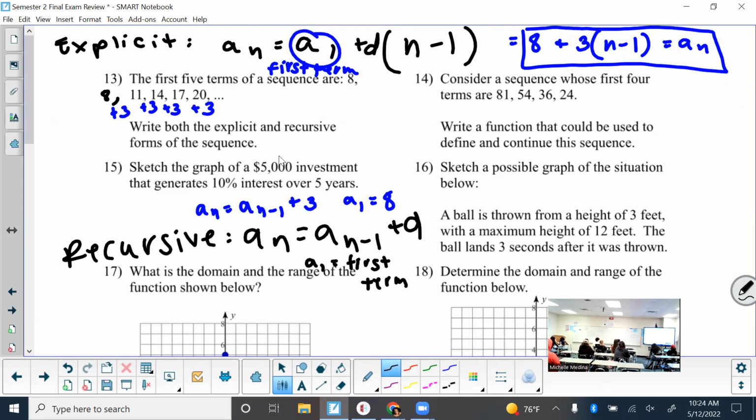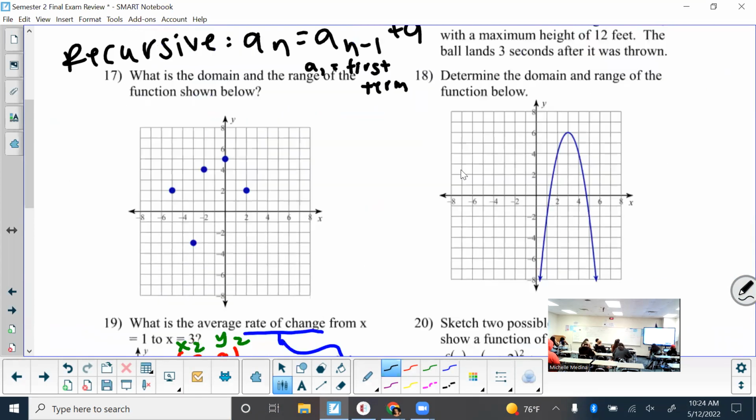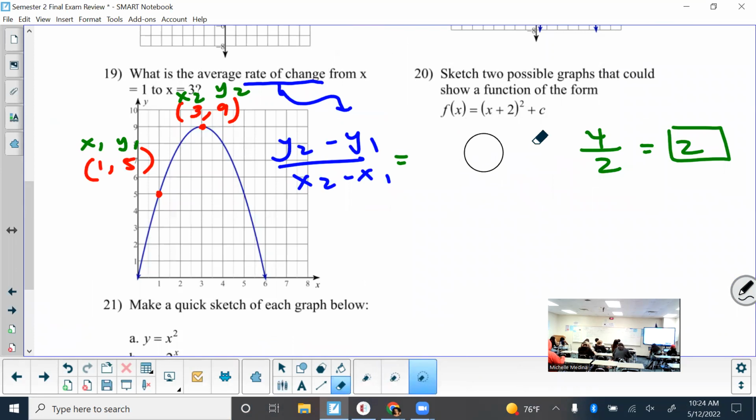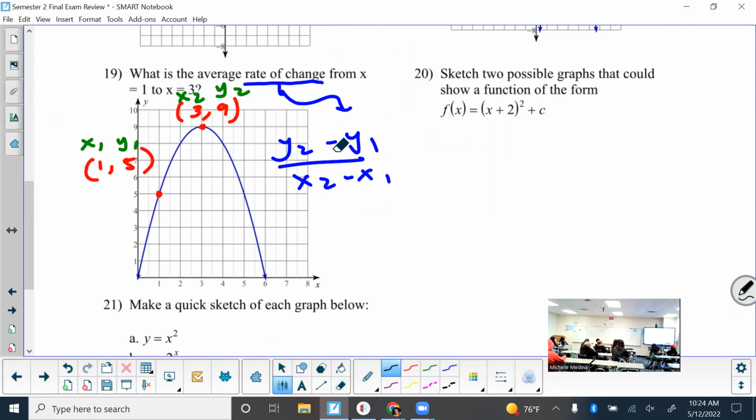All right, any others? Yes, Tirza? Number 20. All right, so sketch the 2 possible graphs that could show a function in this form. All right, so let me figure out what it's asking. It looks like a quadratic equation.